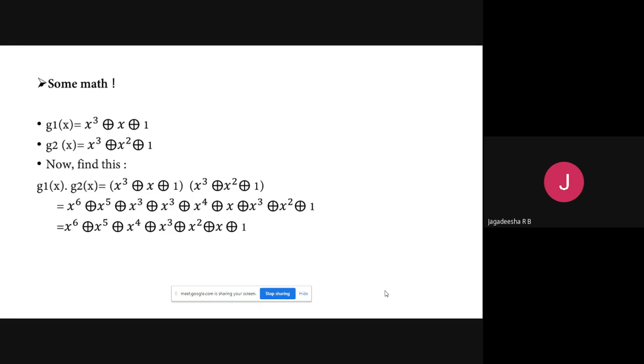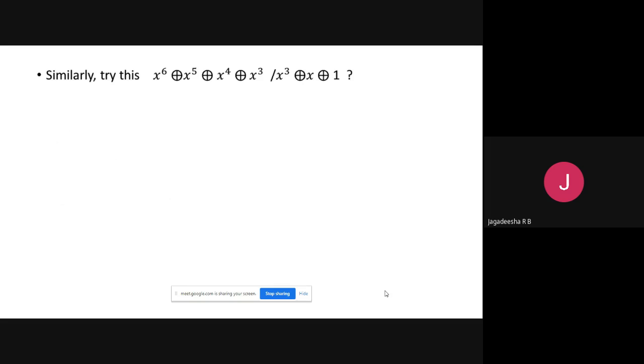And next one, in the next slide. Can you solve this? This is a division operation here. We have x power 6. I want everyone to try this by yourself. X power 6 plus x power 5 plus x power 4 plus x cube divided by x cube plus x plus 1. How to solve this?